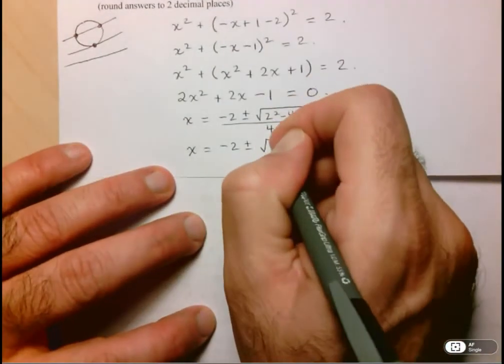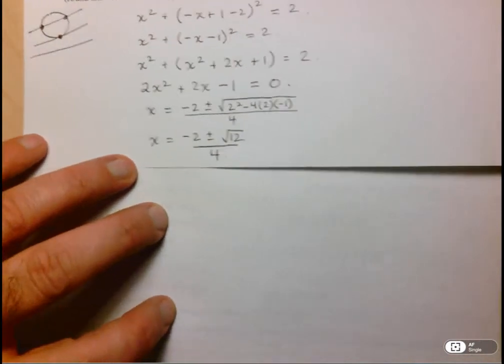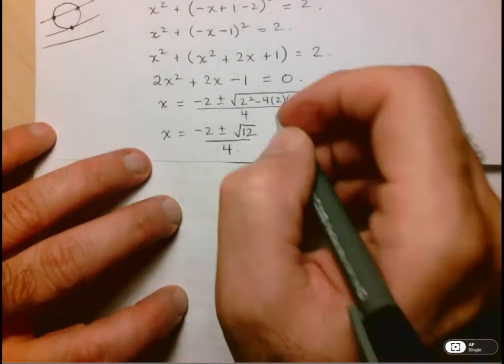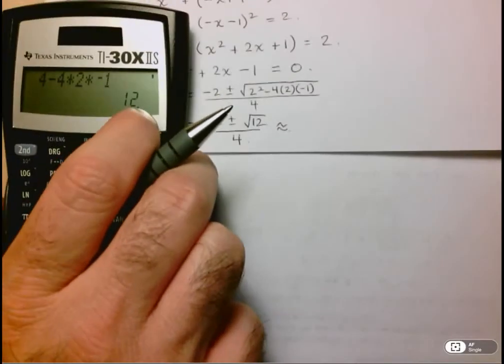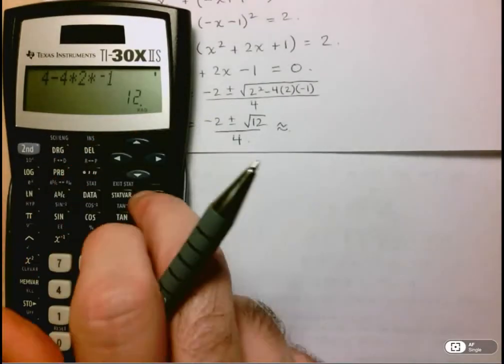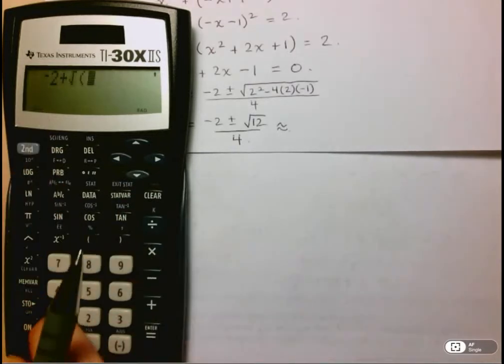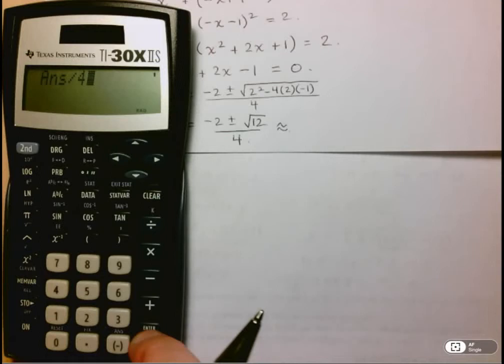So x equals negative 2 plus or minus root 12, all over 4. If I was looking for exact answers, I'd expect you to simplify that root 12, but since I'm looking to approximate to 2 decimal places, I don't need to do that first.